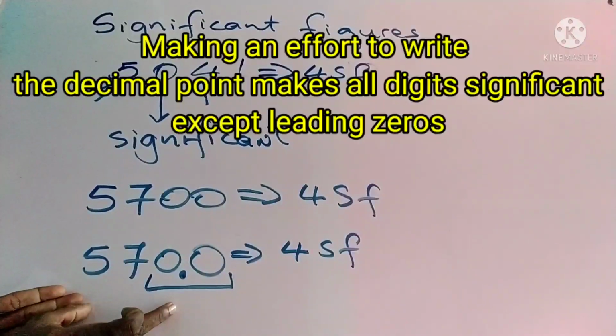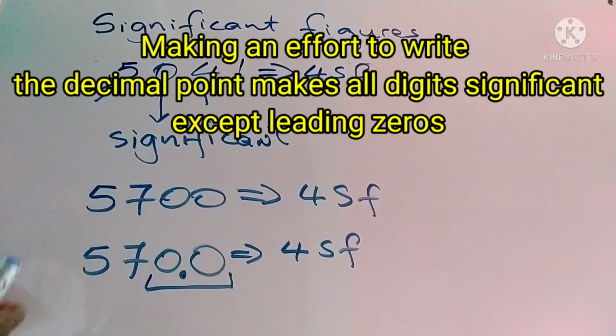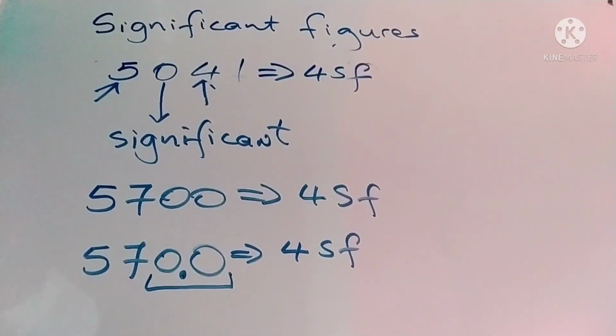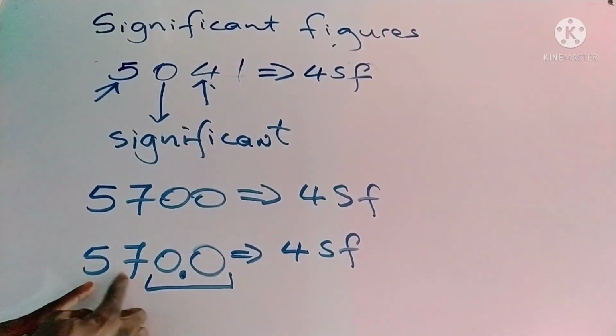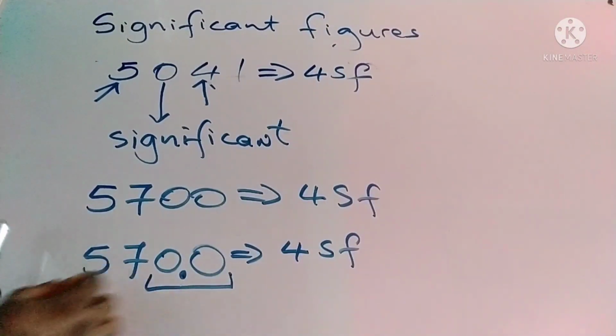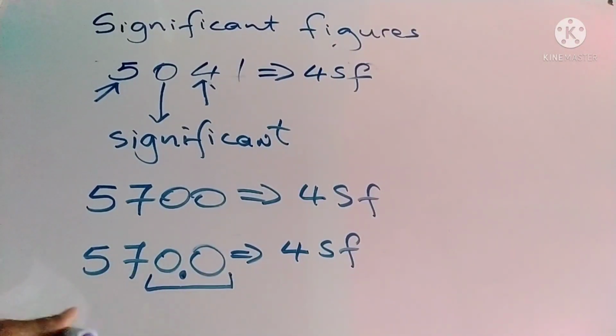That means it is significant. So when I'm looking at significant figures, I'm looking at the details from the fact that I wasn't the one who prepared the thing and I got it from somebody else. So if they took the time out to say 570.0, then it is significant. So all of these are significant figures.